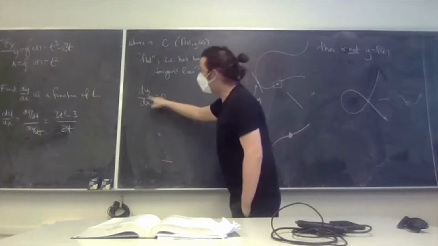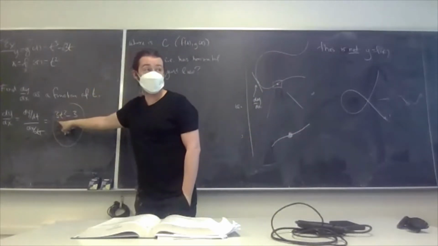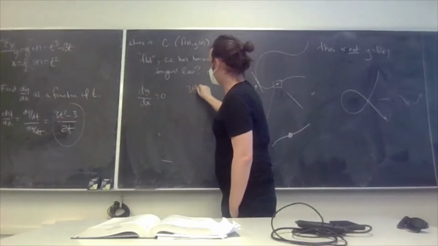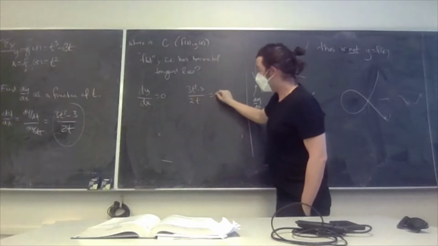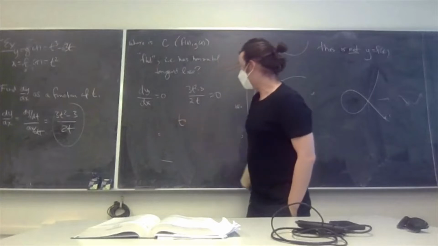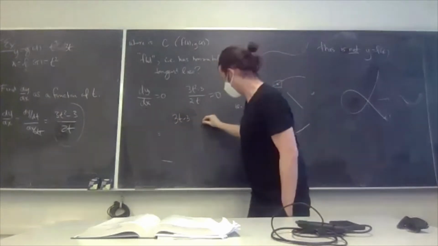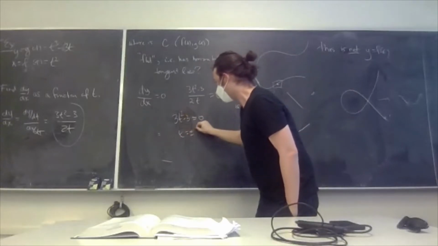But I can replace dy/dx with this one variable function. This equation is the same as this equation. That happens whenever 3t squared minus 3 is equal to 0. So t is plus or minus 1.